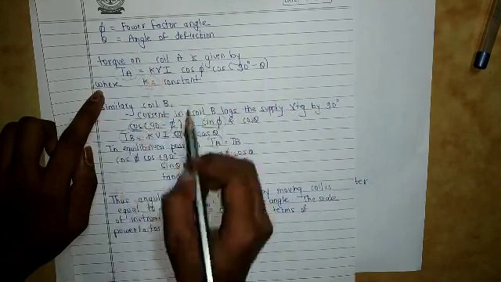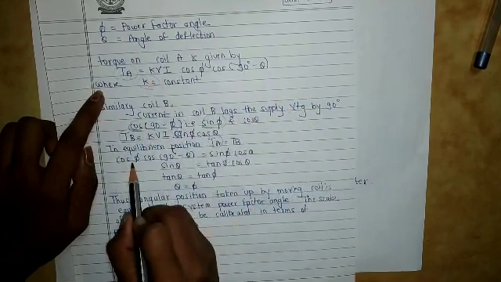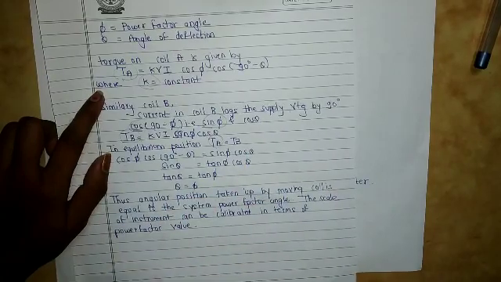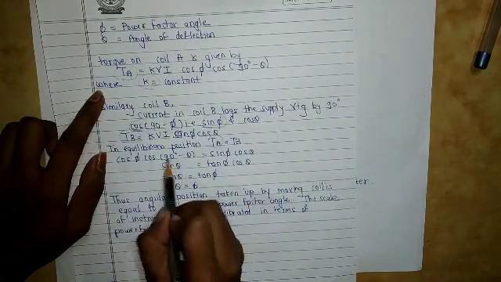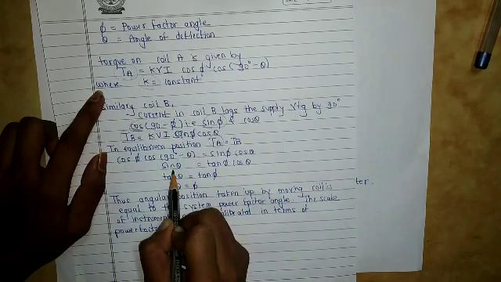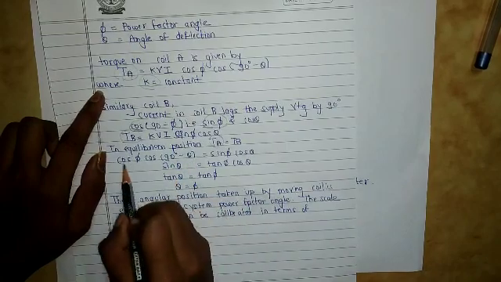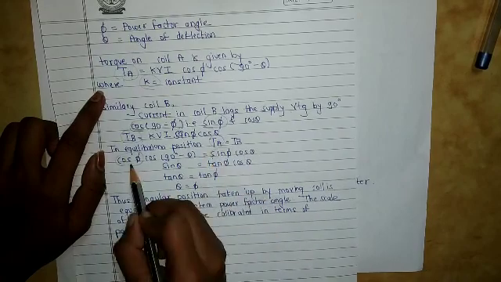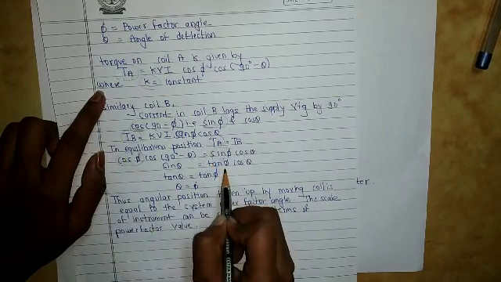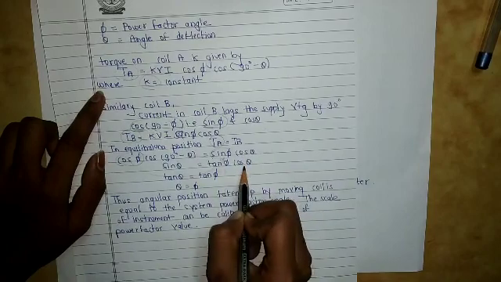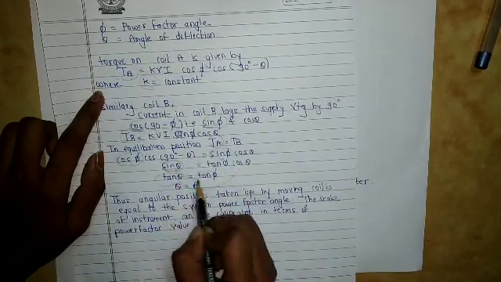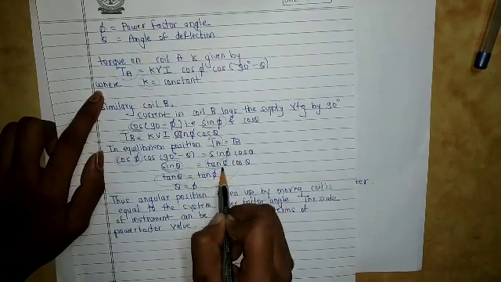This KVI and this KVI will cancel as constants, and only these values will remain. Here cos 90 minus theta is sin theta. Now this cos phi I have transferred here. So sin phi divided by cos phi will be tan phi, and cos theta as it is. Now sin theta divided by cos theta will be tan theta, and it is equal to tan phi.